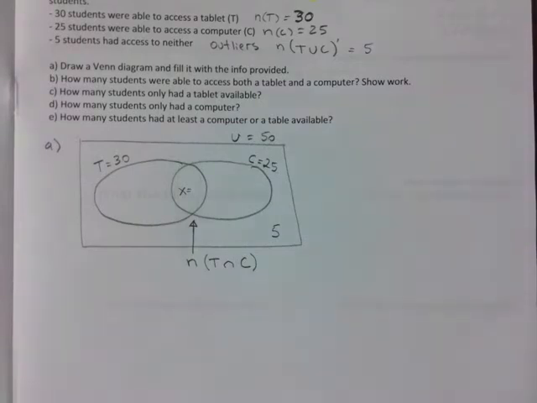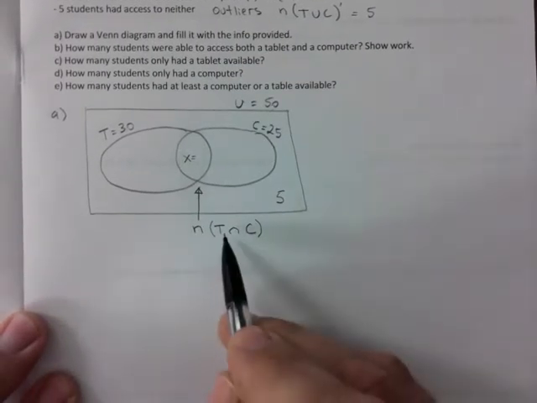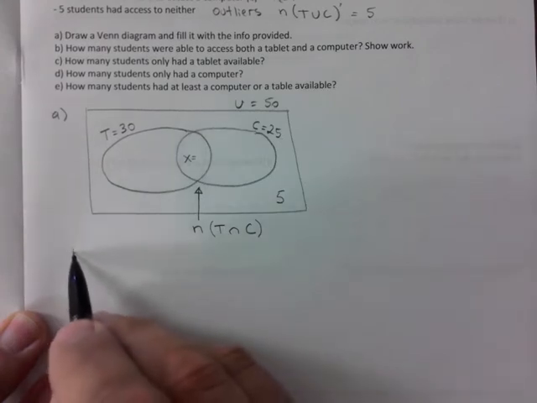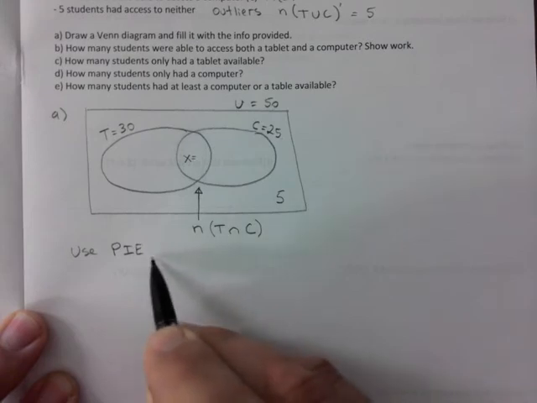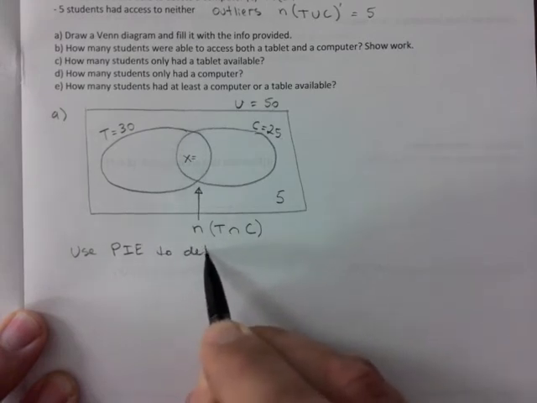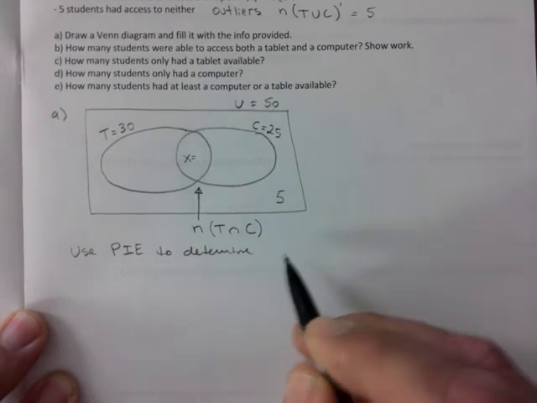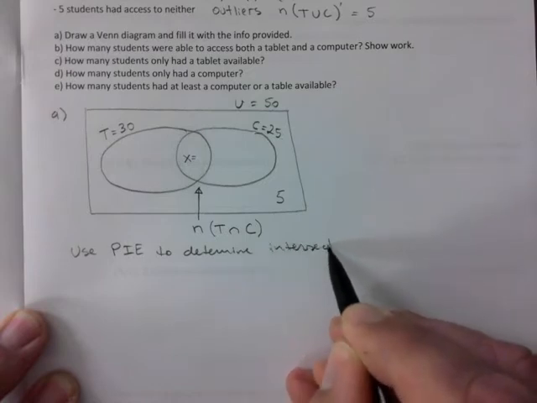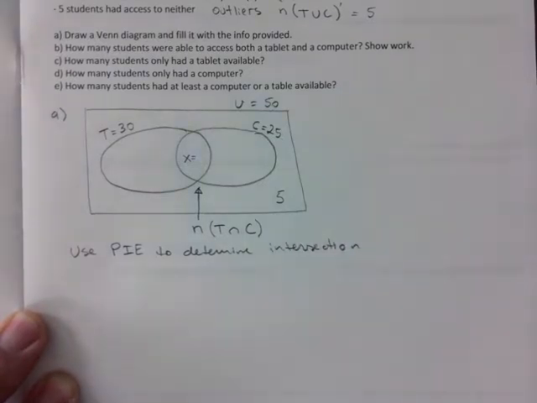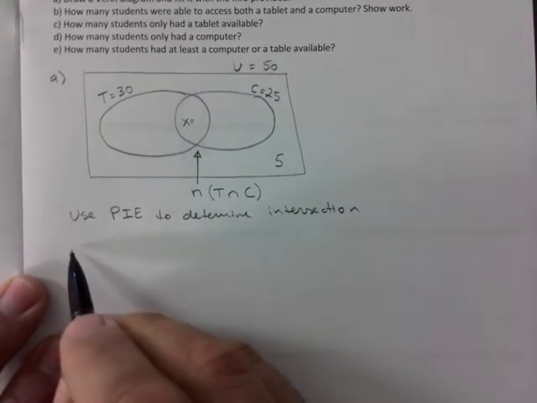That is very important. If that's not given, that is your go-to. Okay. And I'm going to use pi to determine the intersection. And here you go.